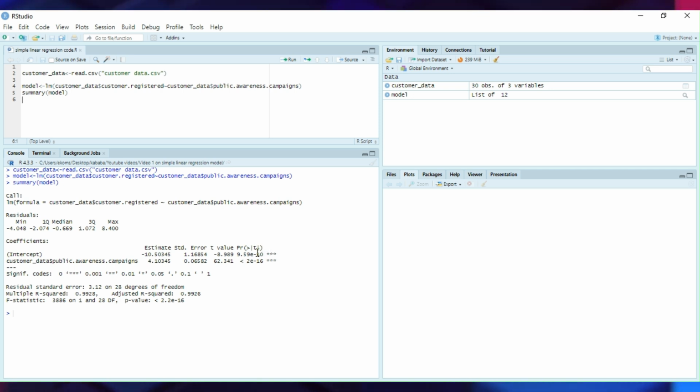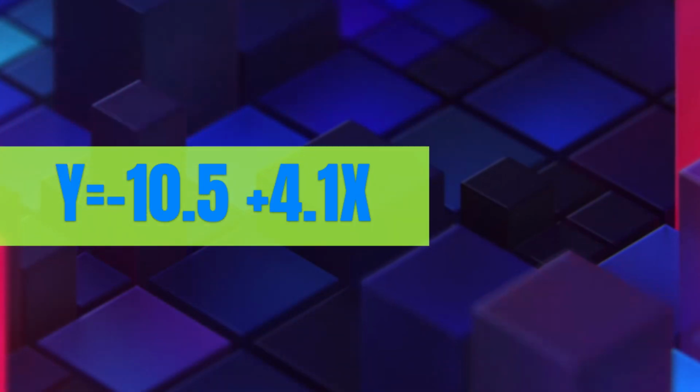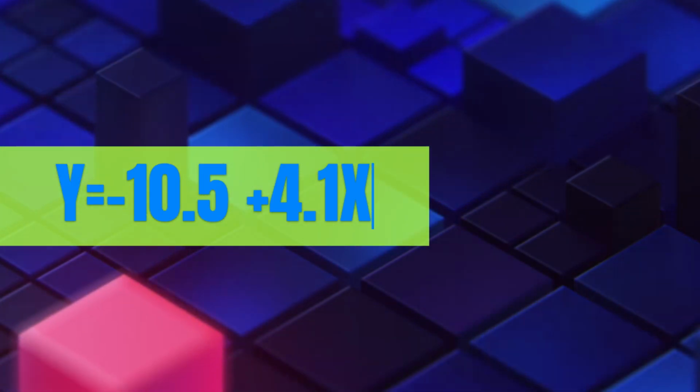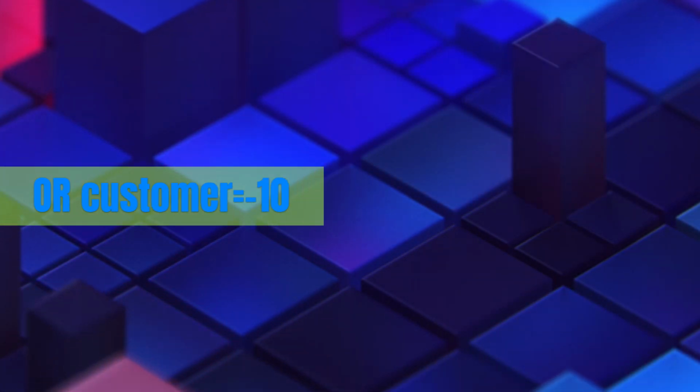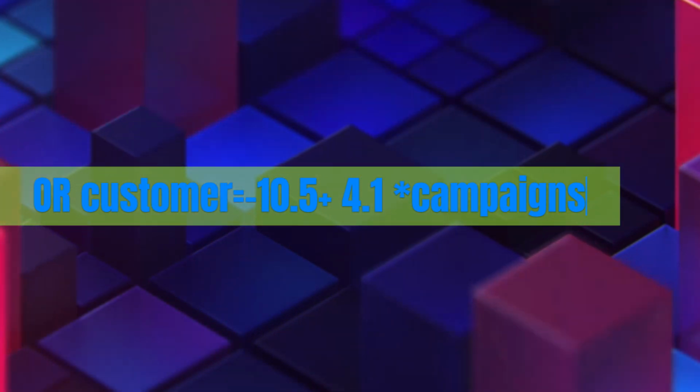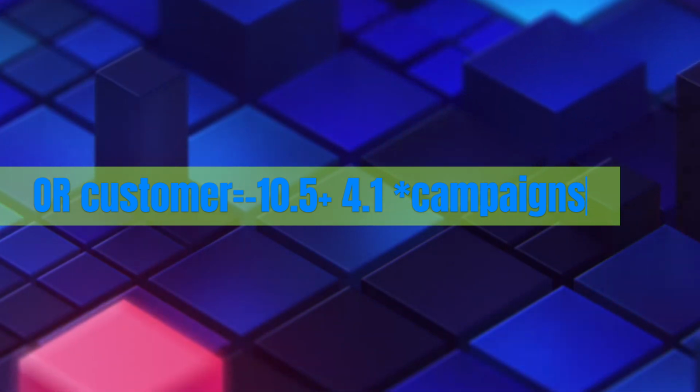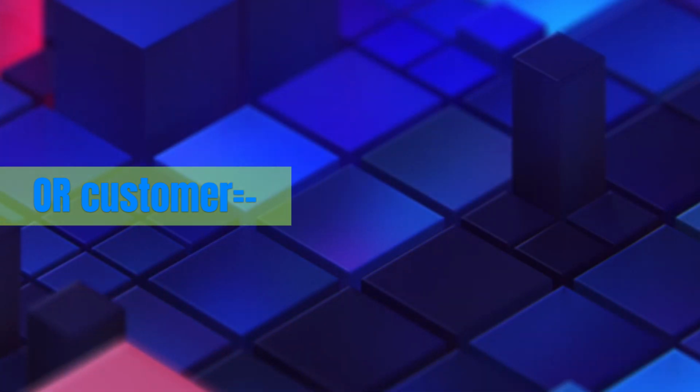Yes, it is, because the p-value, 9.59 exponential negative 9, is similar to 0. We then check beta 1, which is 4.10. Is our beta 1 significant? Yes, from the p-value we see that our beta 1 is significant. So our equation is y equals negative 10.5 plus 4.1x, or customers equals negative 10.5 plus 4.1 star number of campaigns conducted.